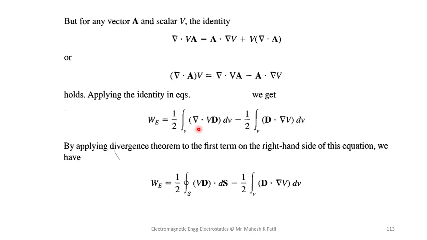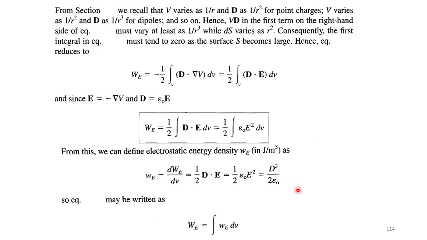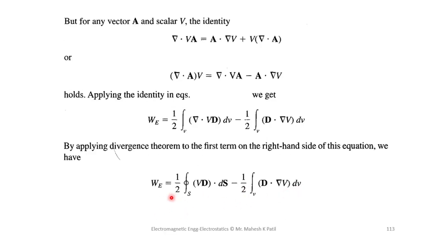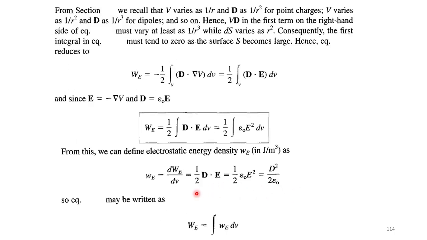So by applying the same divergence theorem, we can write We equal to 1 by 2 closed integration of VD dot ds minus 1 by 2 volume integration of D dot del V into dv. Now if you observe this equation carefully, we already know that potential varies as 1 by r and electric flux density D varies as 1 upon r square for point charges.